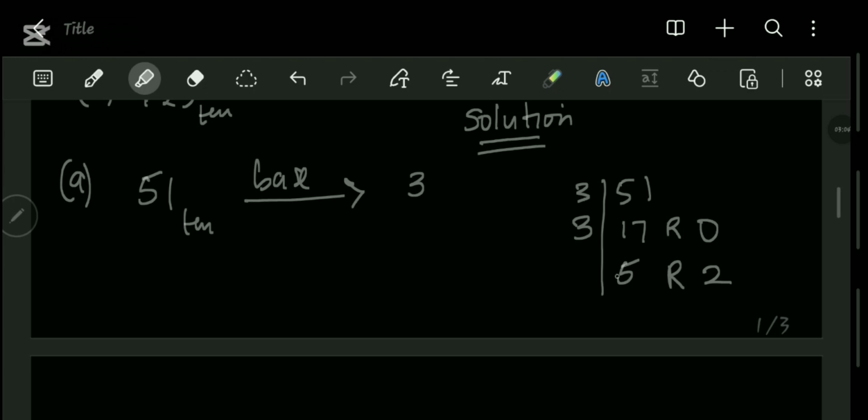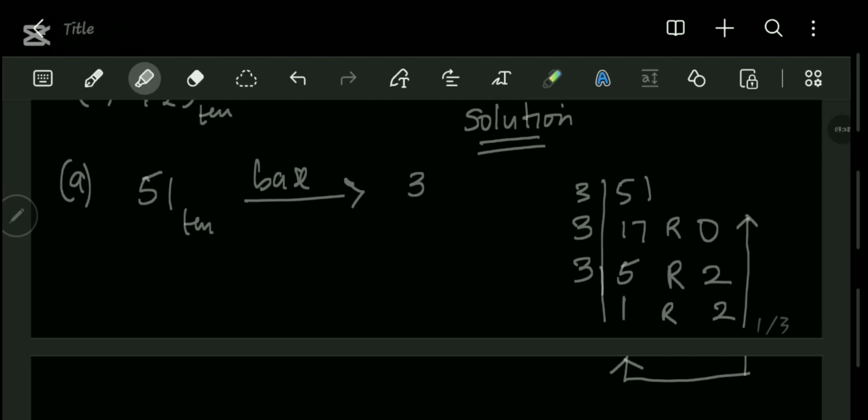And 3 can still go in 5, so I'm using 3 again. 3 goes in 5 just 1, remainder 2. If you check properly, you see that this number is a small number. You cannot see 3 inside 1, so you stop at this junction and you pick your values from the last number here and you go up this way. So I'm picking the last number here and going up.